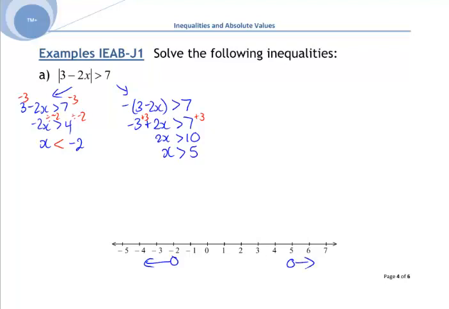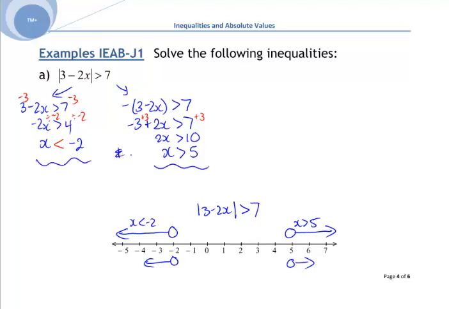Can't be combined into one, so that is my actual solution. Okay, this side is the x is less than negative 2, this is the x is greater than 5, and together it's 3 minus 2x is greater than 7. So that's the solution there.